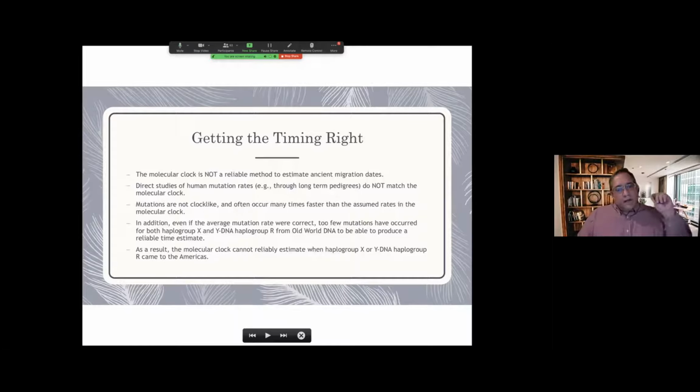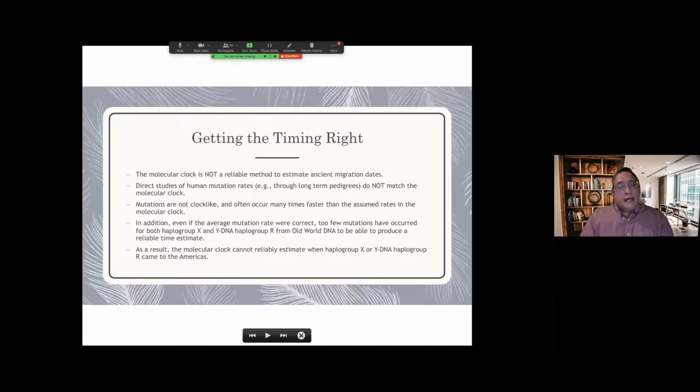Now, there are very few circumstances where they can directly study and test what the actual mutation rates are. One of the ways they can do that is that there are some long-term pedigrees of ancestry where they happen to have a skeleton, mummy, body, whatever, from an ancient person, and then they test the descendants, and they can say, okay, how many mutations happened in this known pedigree?